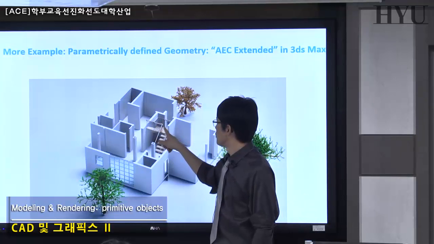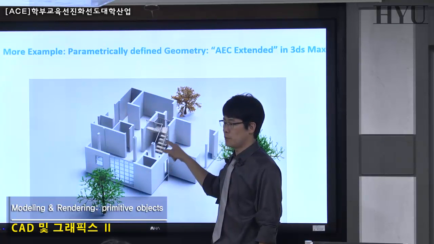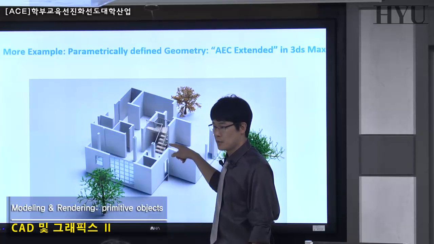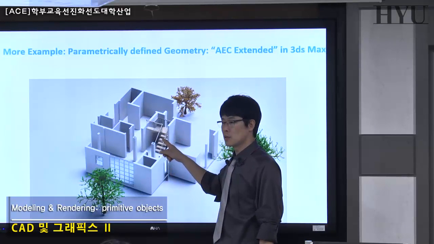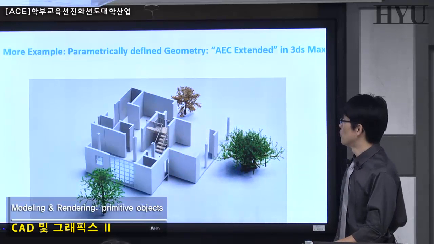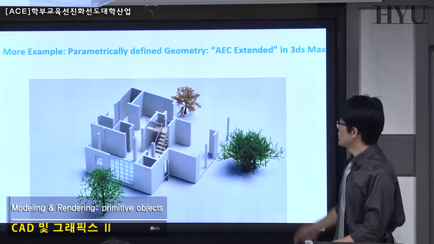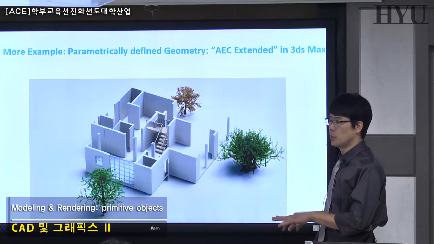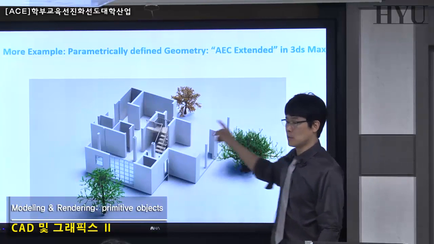How about this one? Looking very complicated. What if you had to model this one? Drawing risers, steps, railings one by one would probably take a long time. But simply click stairwell, put in very complicated options, and place it.